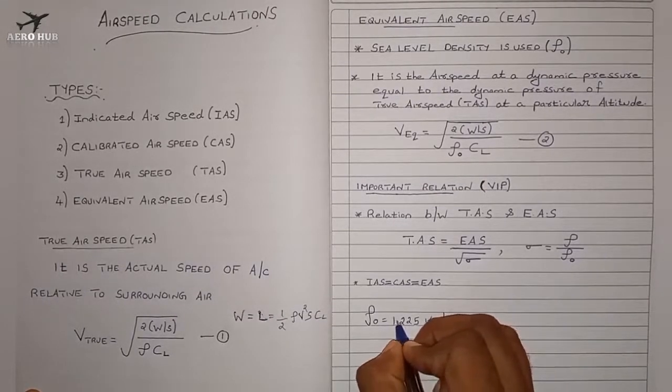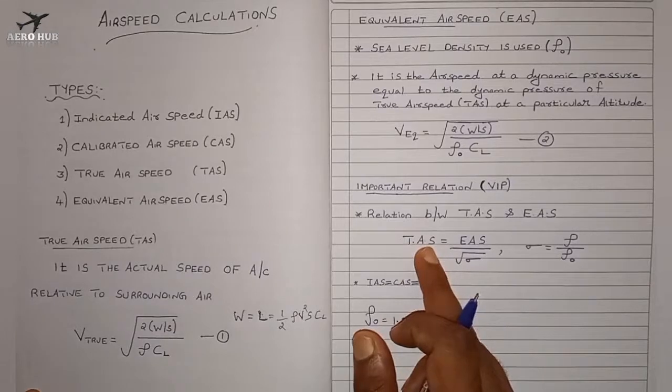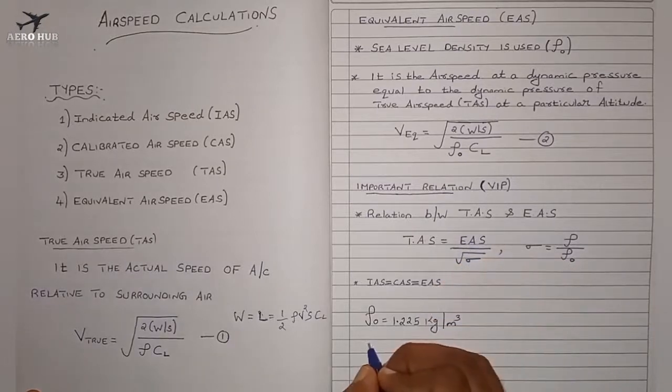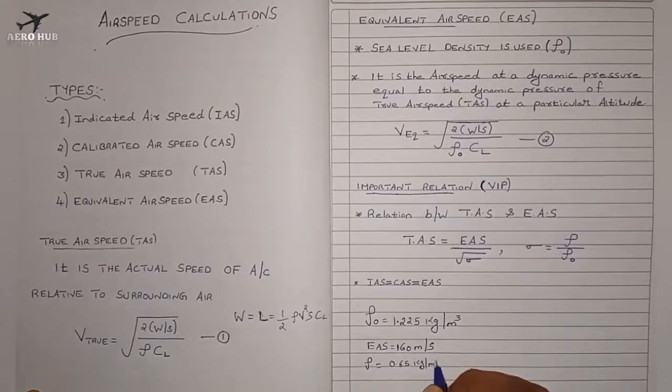They will give the value of density at a certain altitude and ask to find the true airspeed if they give the equivalent airspeed. You got the idea. They will give the equivalent airspeed, for example, 60 meter per second or 160 meter per second, and give the density at altitude as 0.65 kilogram per meter cube.